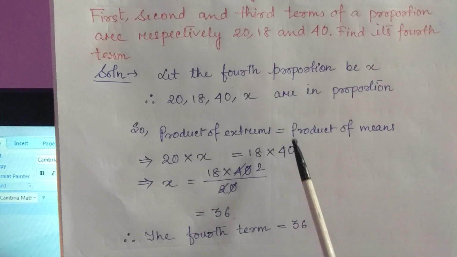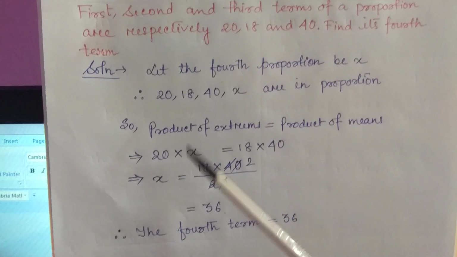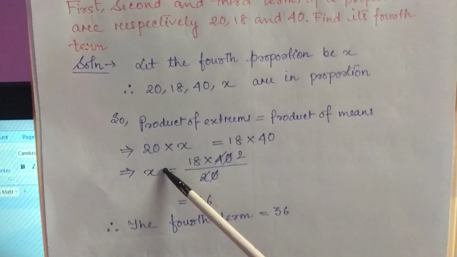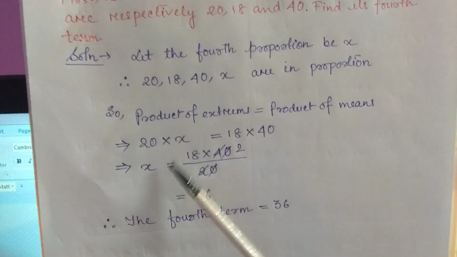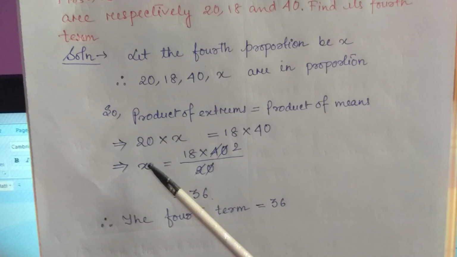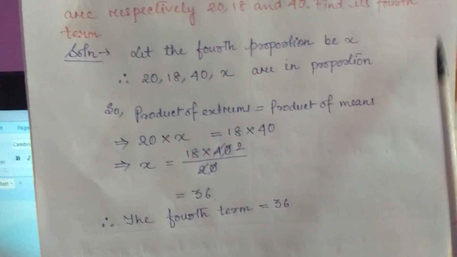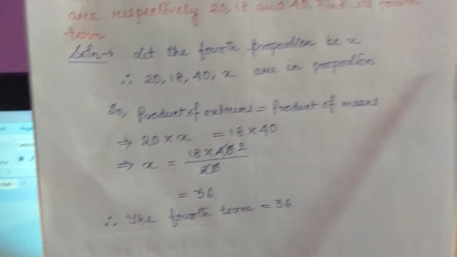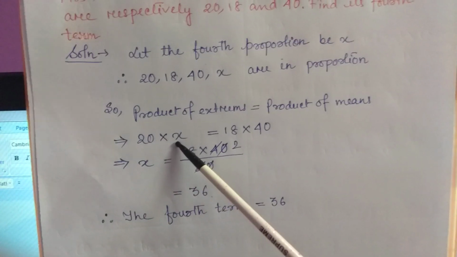So 18 and 40. Now in my last class I told you, if anything is being multiplied on the left hand side and we transfer it, it will change its operation. Multiply will change to divide, addition will change to subtraction and vice versa. So 20 is multiplied over here.